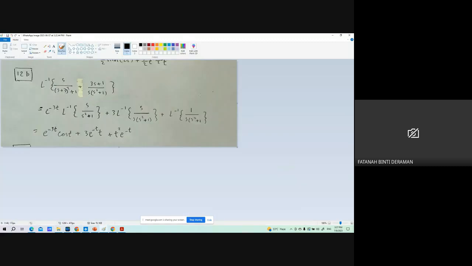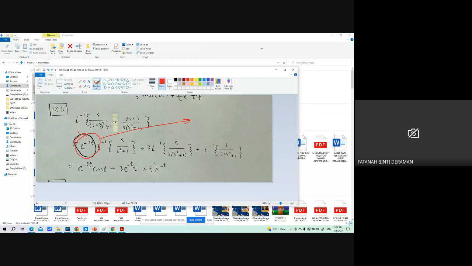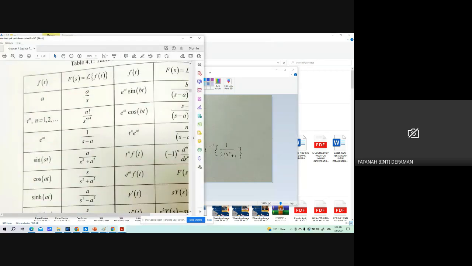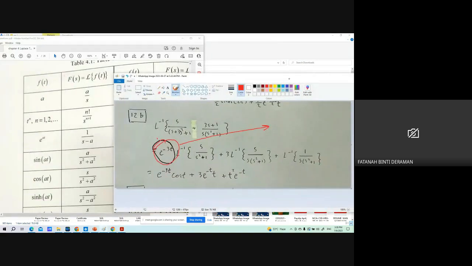How do we get this? To get this, you need to follow the table. If you go to the table, you can see e to the negative 50.